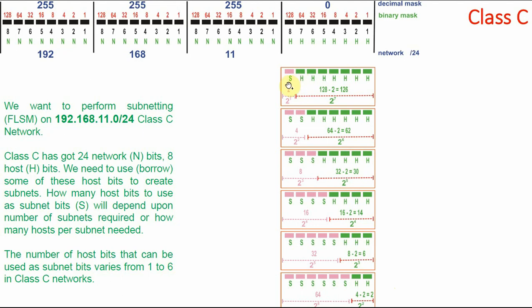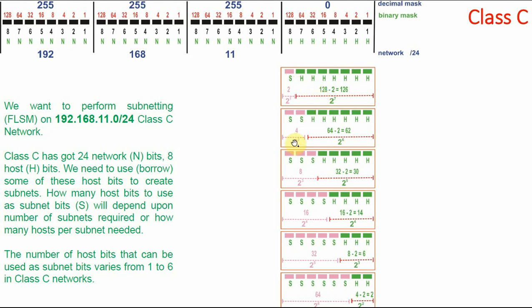Now in the first case, if we have to create 2 subnets, or we want up to 126 hosts per network, then what can we do? We can use this method. That means we use 1 bit as a subnet bit.